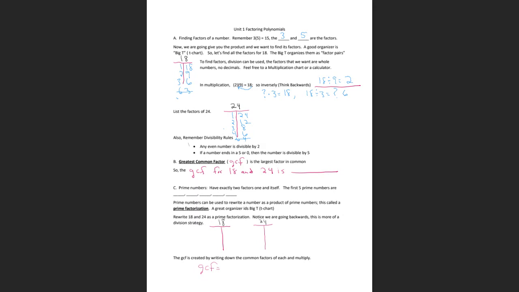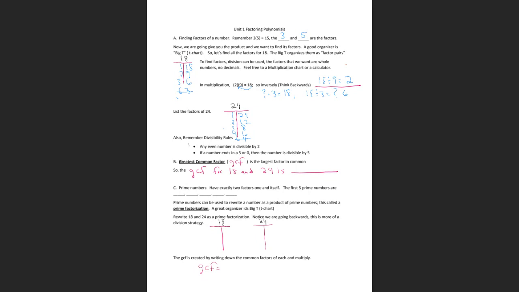So the greatest common factor, I'm going to be using GCF from here on out. It's going to be the largest common factor. If I want to find the greatest common factor for 18 and 24, if I look up here, notice how we have several different factors. If I circle those, notice a 1 and a 1 are common.